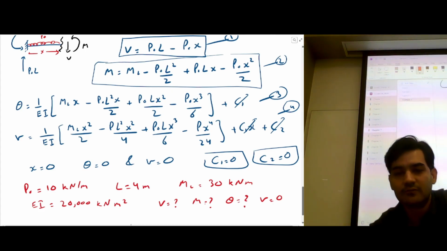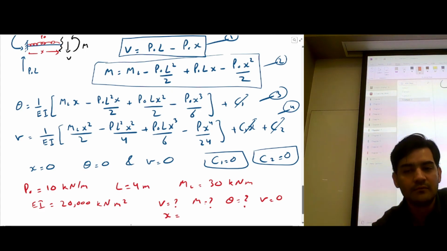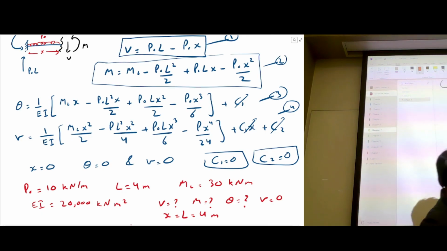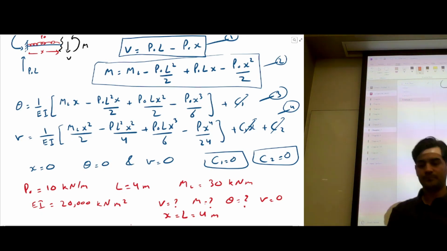So at the end of a cantilever beam, our x would be L or 4 meter, right? So use all these four equations, give me these four values.